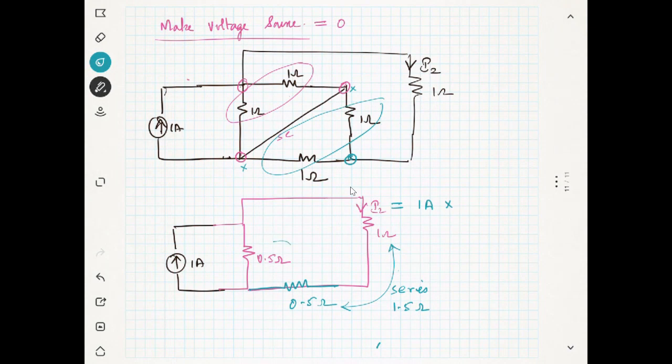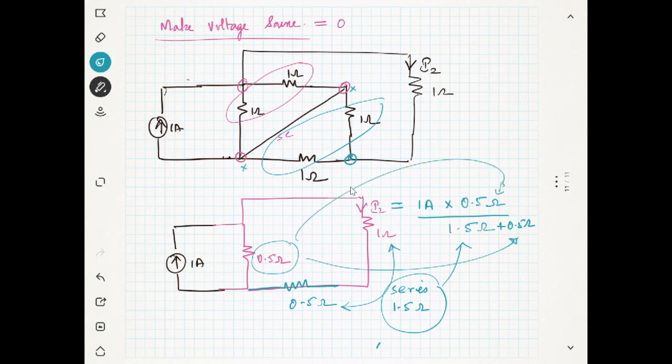The resistance of the other branch is 0.5 ohms, divided by the total resistance, 1.5 plus 0.5. It is just the current division rule. You know this.